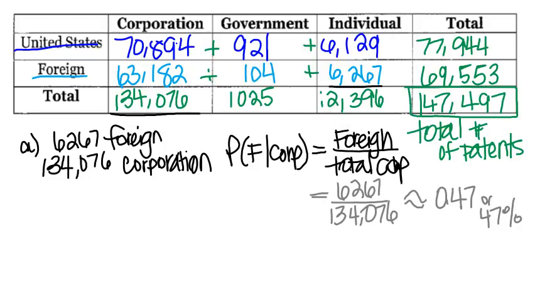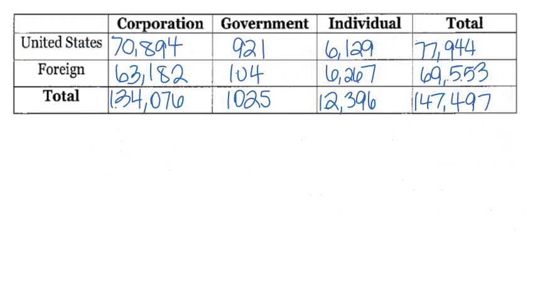All right, let's try another one. B says, I'm going to my new screen. All the data has stayed the same. I'm just on a new screen. It says, what is the probability of getting a patent issued to a corporation or a patent from the United States?